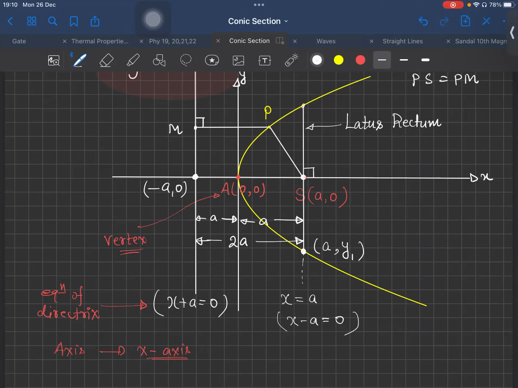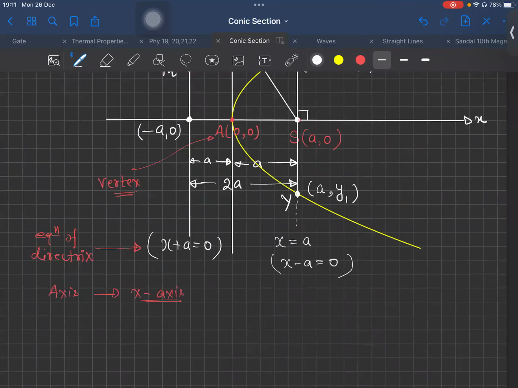Here also the x distance is a, and y is y1. And this is also (a, y2). Now we need to find y1 and y2. So let's say this is point X and this is point Y.